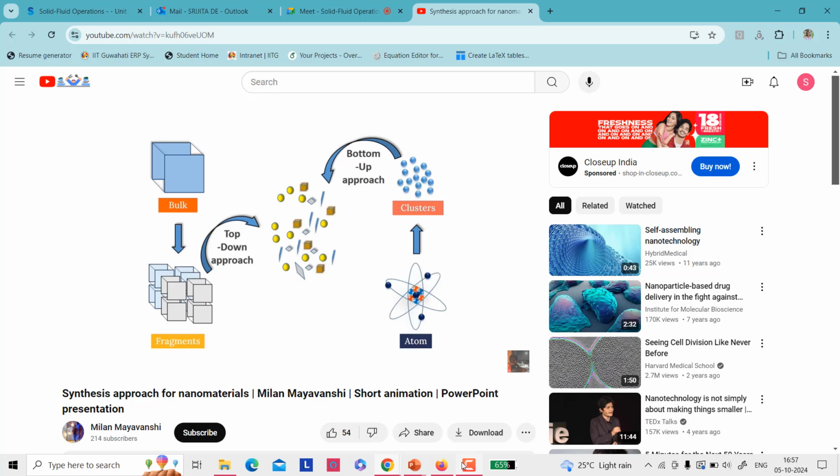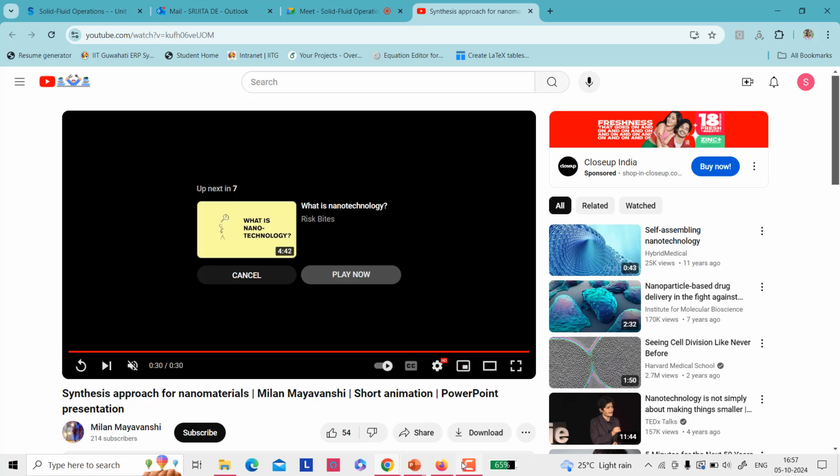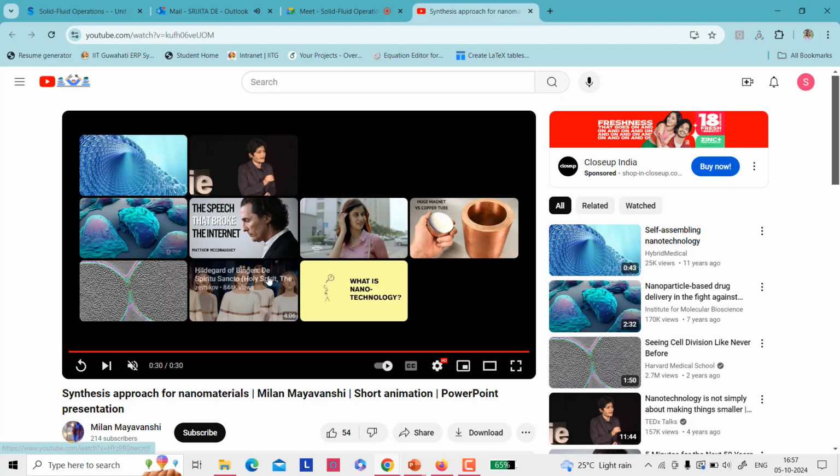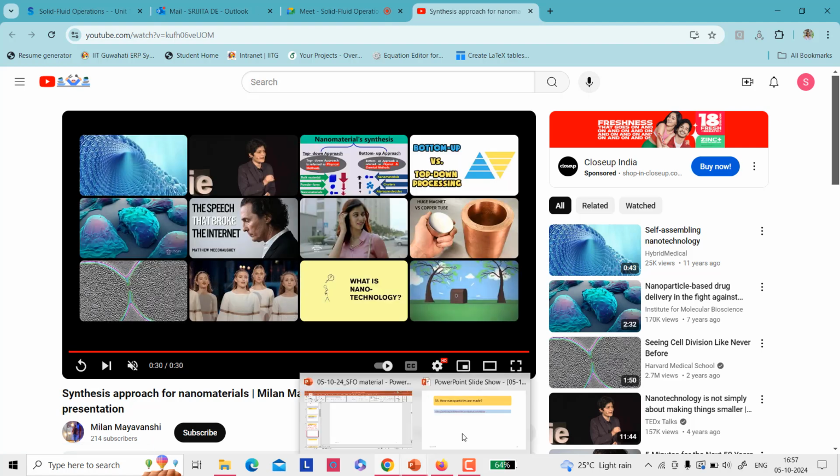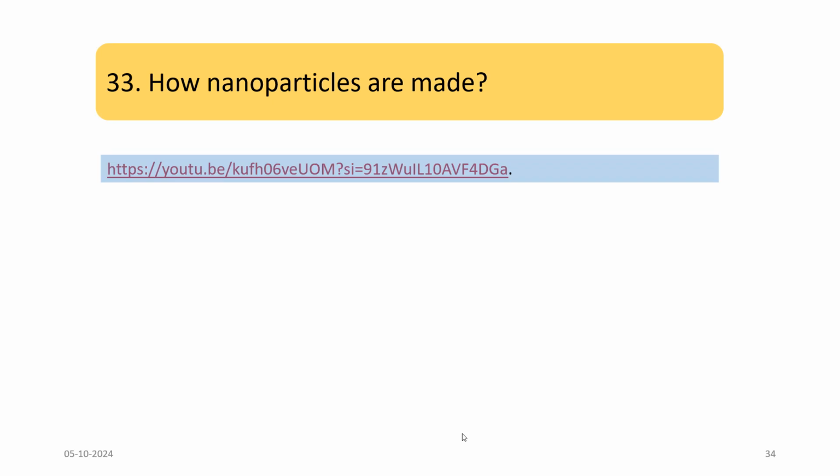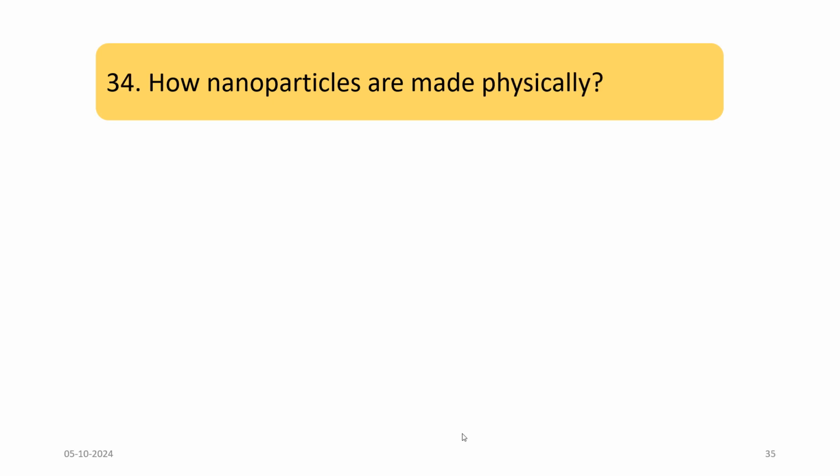In the dry synthesis process, there are three methods. First, in the mechanical, there is ball milling. Another one is the mechanochemical method, severe plastic deformation, cryomilling. Okay.